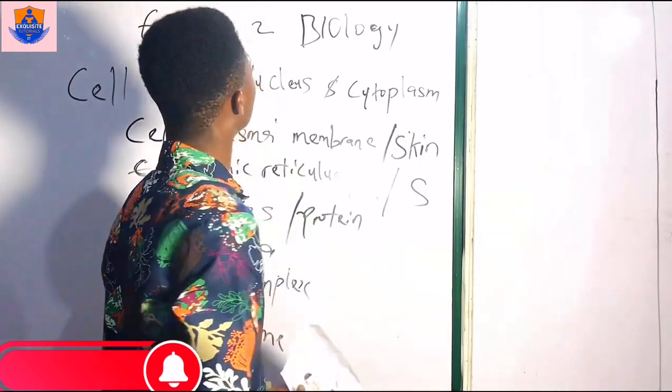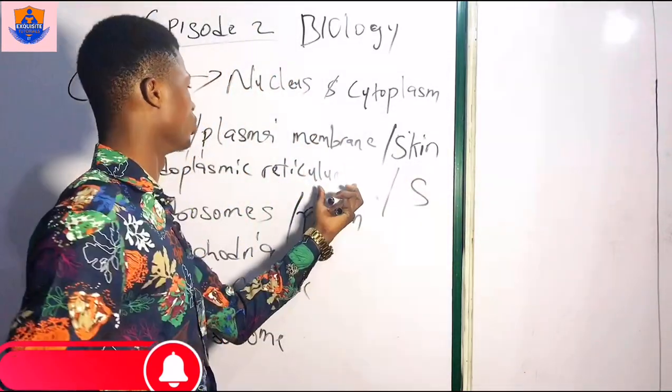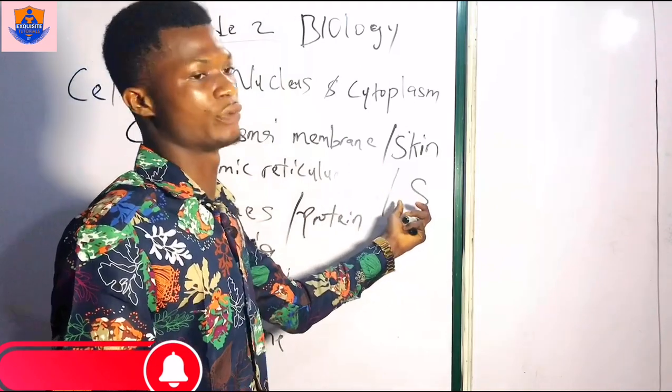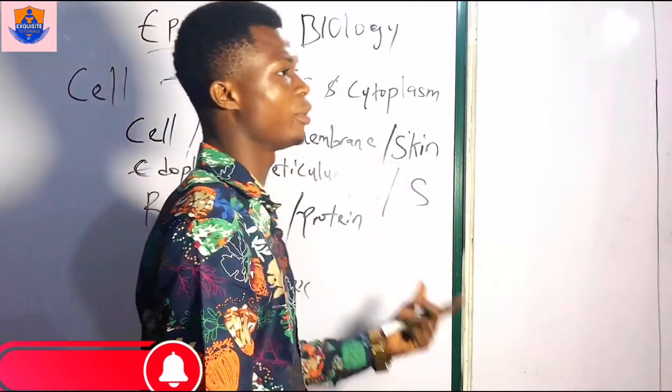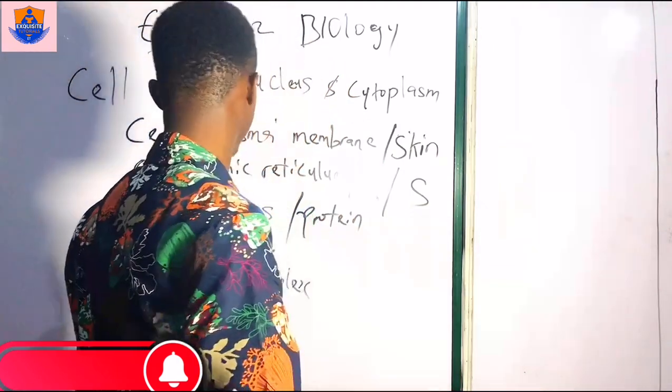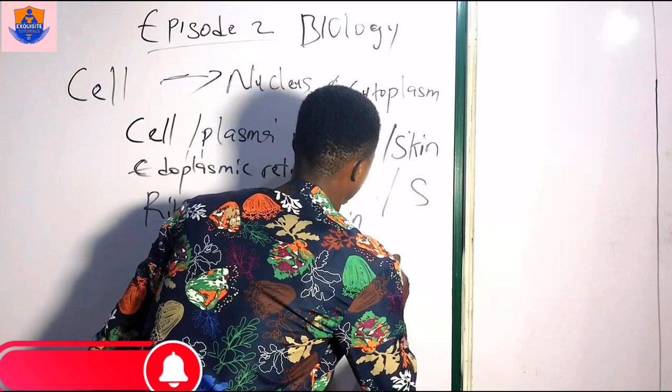One thing you should note is the questions that can come out of this, just like I told you, the smooth and the rough endoplasmic reticulum. Then another question you should expect is on the mitochondria. Where is the site of cellular respiration in the cell? It is the mitochondria, cellular respiration.